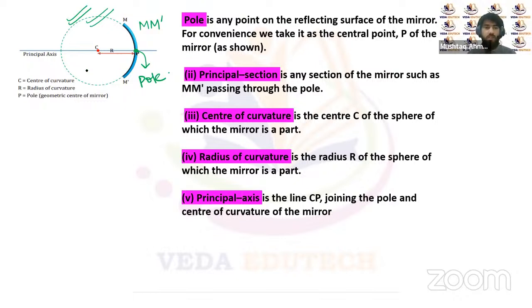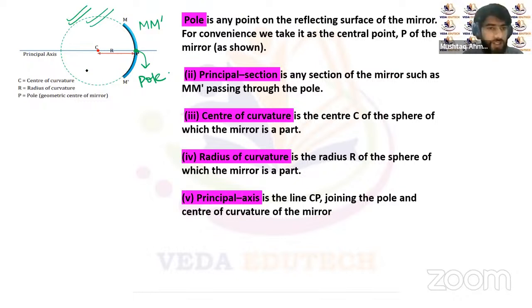Then we have the radius of curvature. The radius of curvature is the radius of that sphere of which this mirror was a part, or from which this mirror was cut out. Then we have the principal axis. The principal axis is the axis passing through the center of curvature and the pole of the mirror.